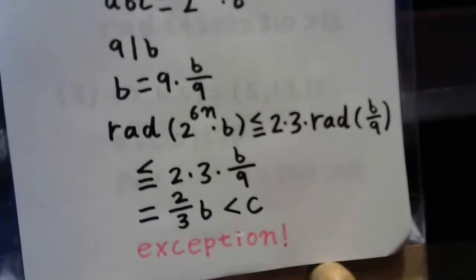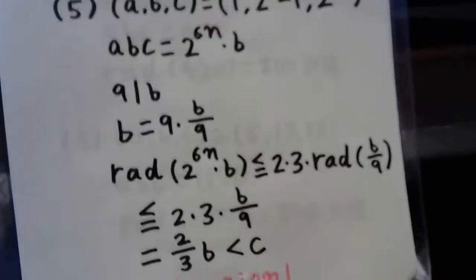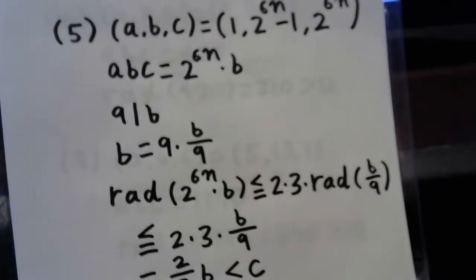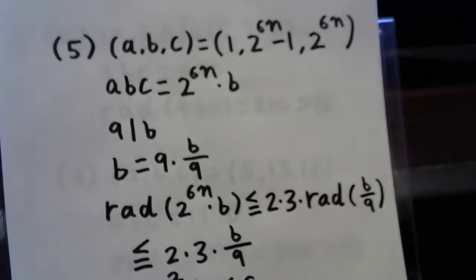So these are exceptions, and n can be any positive integer.